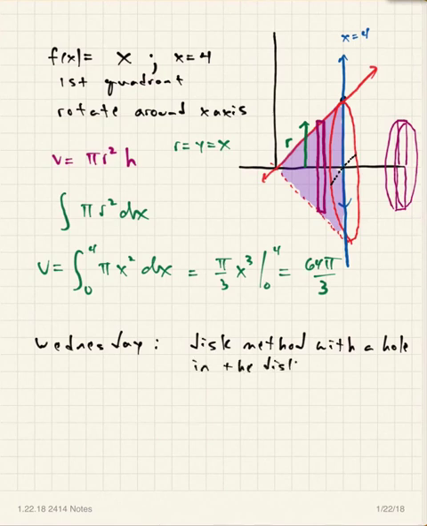That's sometimes called the washer method. So when you generate a hole, when you're rotating that rectangle around the x-axis or the y-axis, you just call this the washer method.